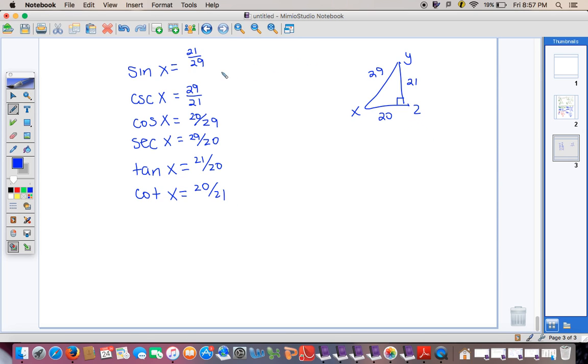Okay? I'm going to ask you to do the exact same thing for the y's: cosecant of y, cosine of y, secant of y, tangent of y, cotangent of y. So the sine of y is going to be the opposite over the hypotenuse. So we've got 20 over 29.